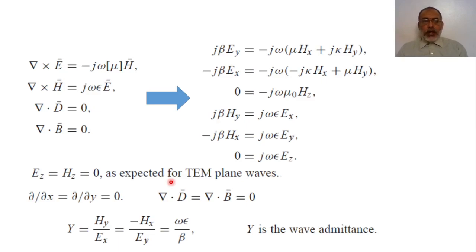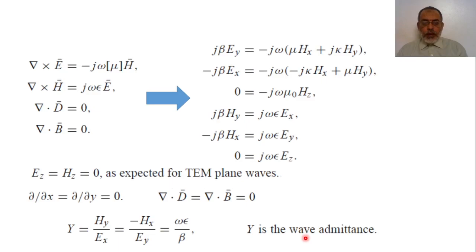On the other hand, if we divide the value of Hy over Ex, Hy over Ex is omega epsilon over beta, which equals minus Hx over Ey. So we can define Y as omega epsilon over beta, the wave admittance inside the ferrite medium.